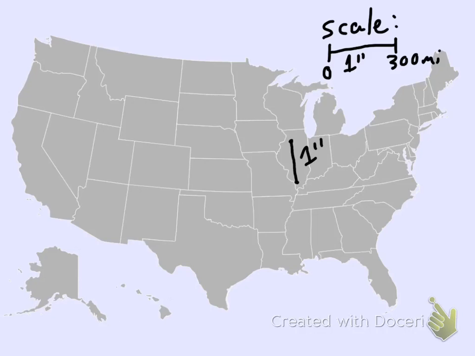Well, here is a map of the US, and I've indicated on this map roughly where my house is in Galesburg compared to where my house is back home in southern Illinois. And it's about 1 inch if I were to use this scale and compare it to this map.